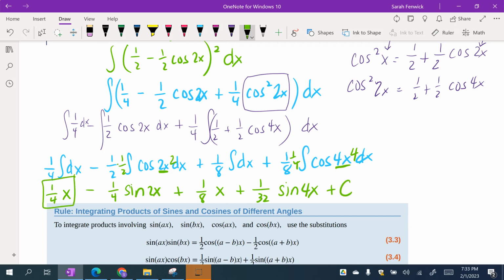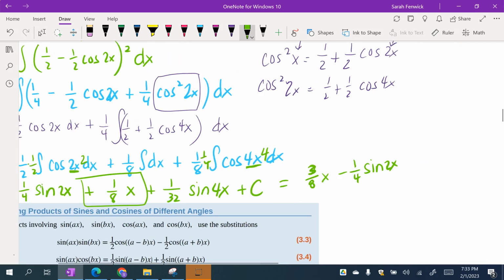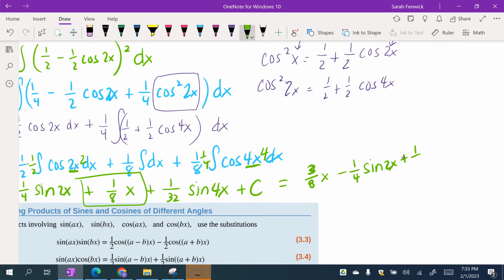You're going to put your 1/4 x and 1/8 x together, and your answer is going to be 3/8 x minus 1/4 sine 2x plus 1/32 sine 4x plus c.